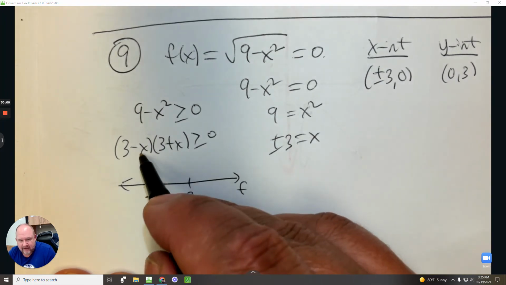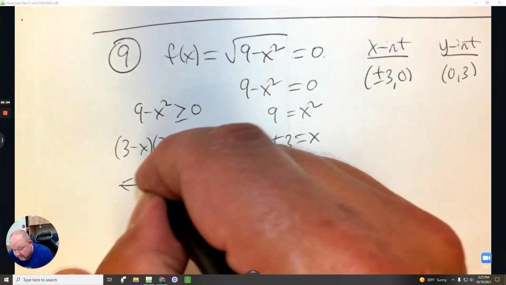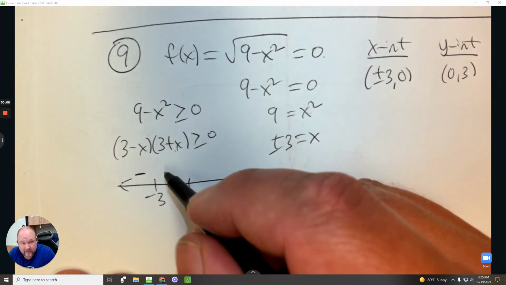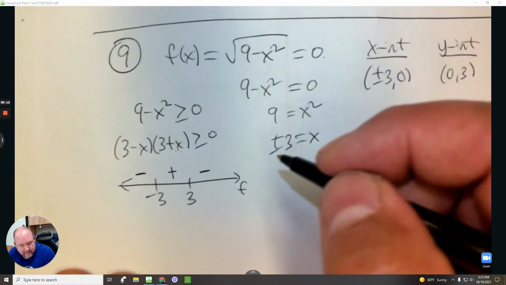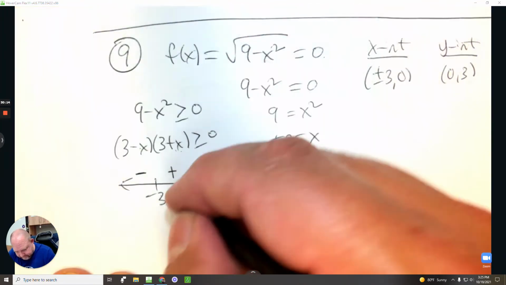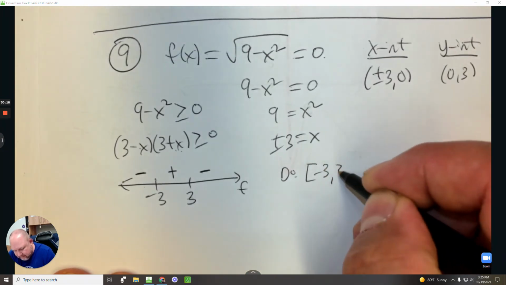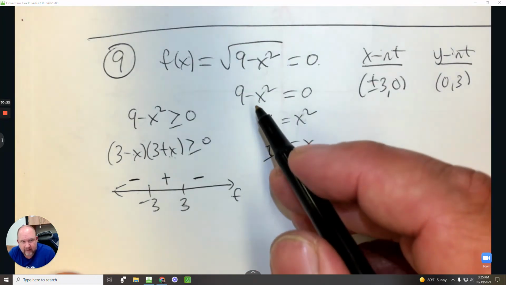If I put a negative number in here, that's a positive times a negative, which is negative, so it can't be that. If I put in any number between -3 and 3, like 0, I get a positive answer. At any number bigger than 3, I get a negative answer. So that means the domain goes from -3 to +3, because that's what keeps this a positive number under the square root sign.